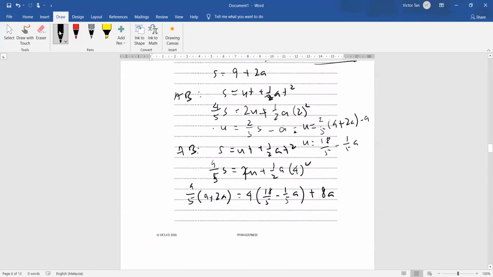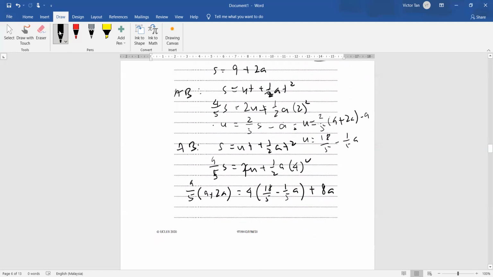Finding the acceleration. This is 81 over 5 plus 18 over 5 A equals, looks a bit complicated.